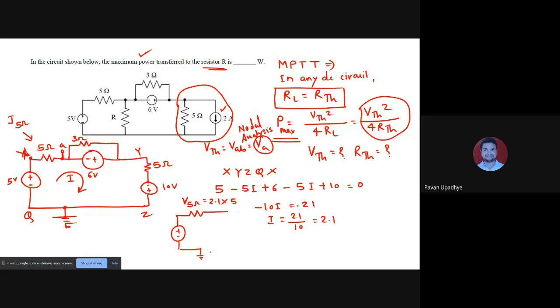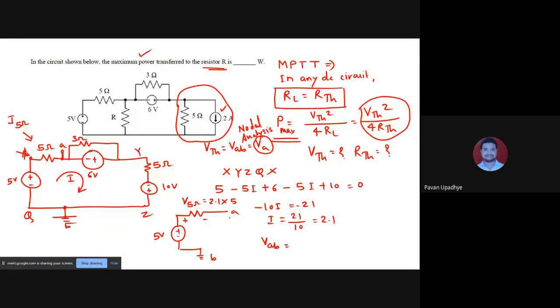So this gives me VAB. This is A, this is B, 5 volt. In this case the current is moving in this direction, so this is higher potential, this is lower potential.